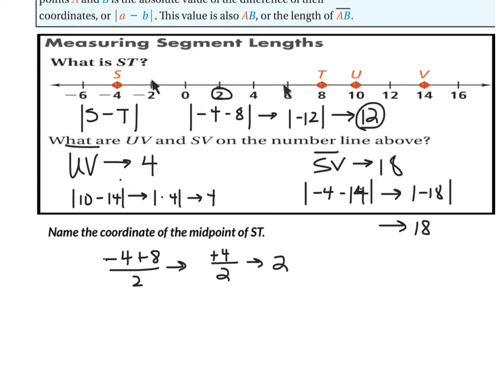There's 1 unit together, there's 2 units together, and then all of a sudden they meet in the middle at 3 units together. They're both 3 units away from 2, so 2 happens to be the midpoint. That's kind of the easier way to do it when you look at things. So this is talking about finding and measuring segment lengths and using the midpoint in this case.